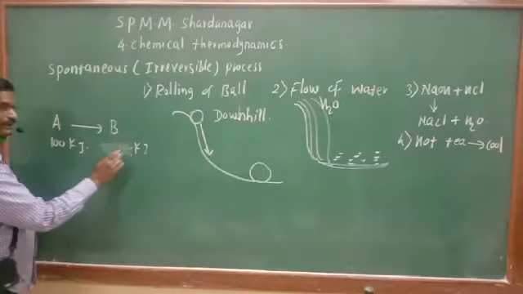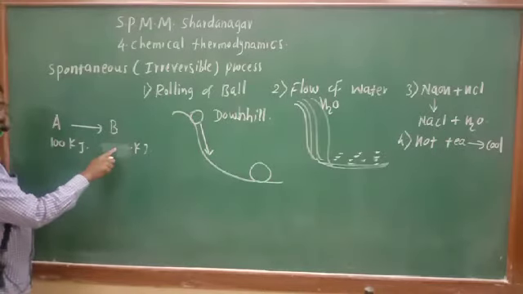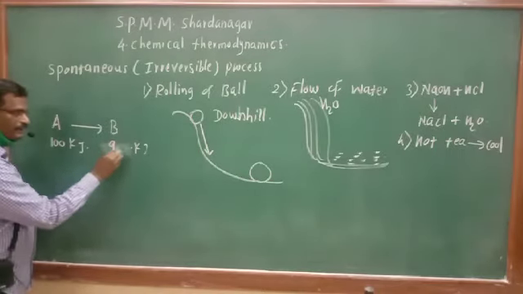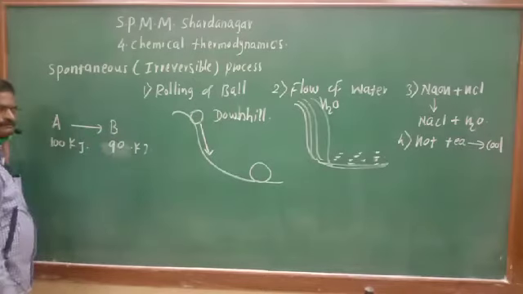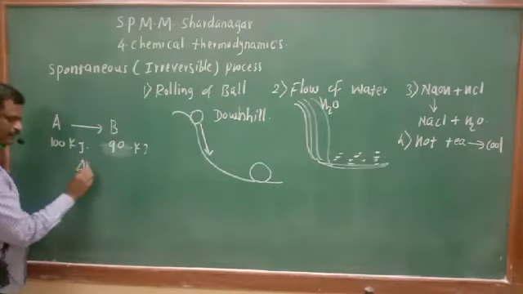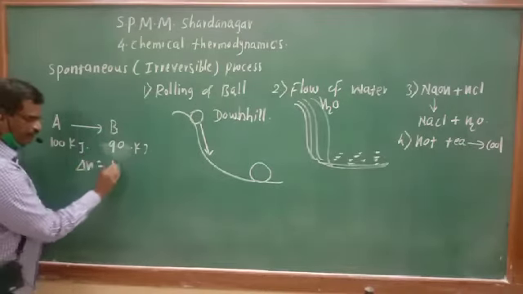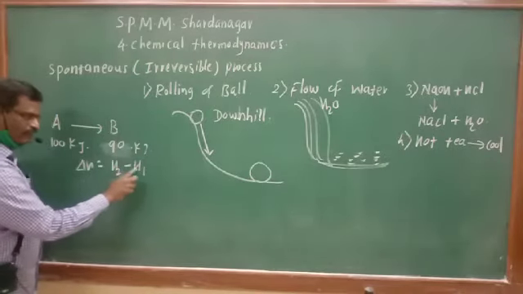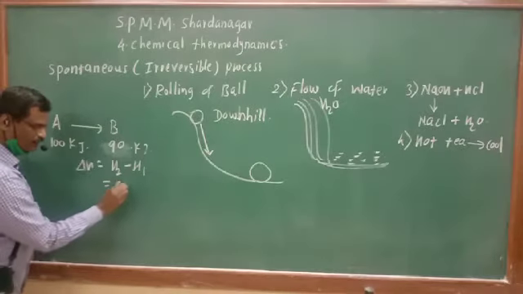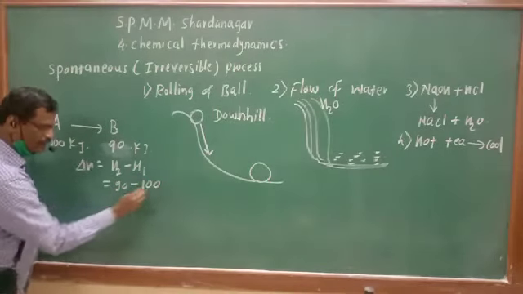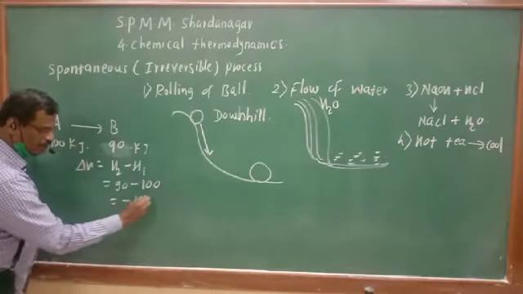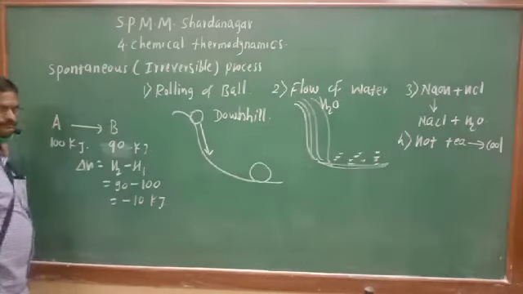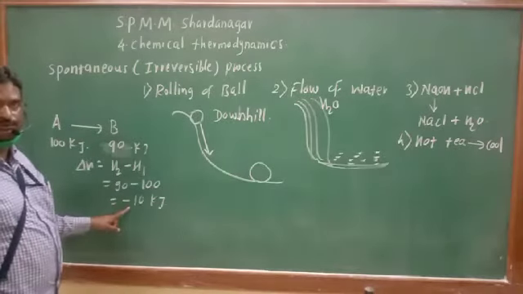So this must be less than 100. Let us consider 90. So what is delta H, the change in enthalpy? It is enthalpy of final state minus enthalpy of initial state. So 90 minus 100 is equal to minus 10 kilojoule.